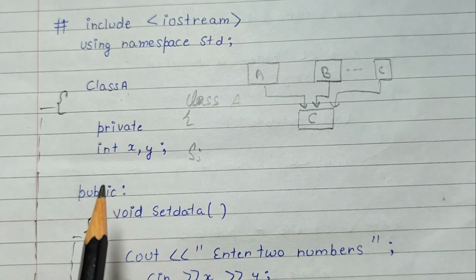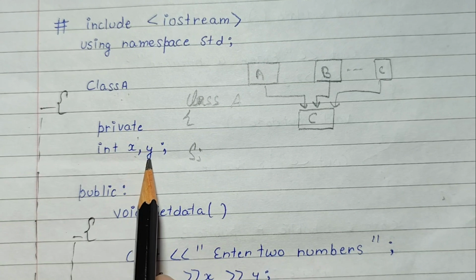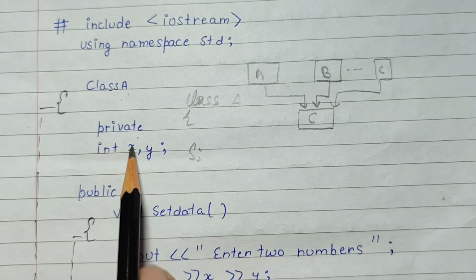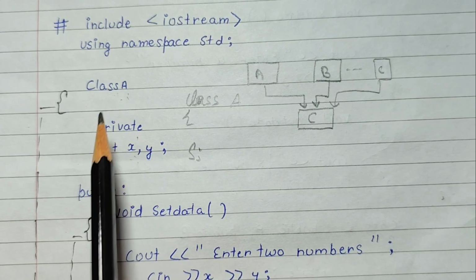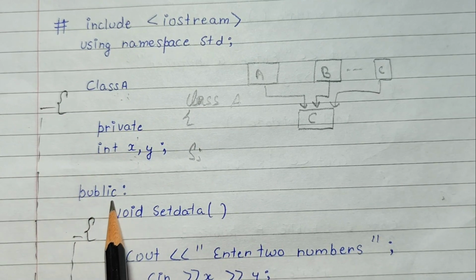First we have the private section. In the private section we declare data members. X and Y are the private data members of class A. Then we have the public section.